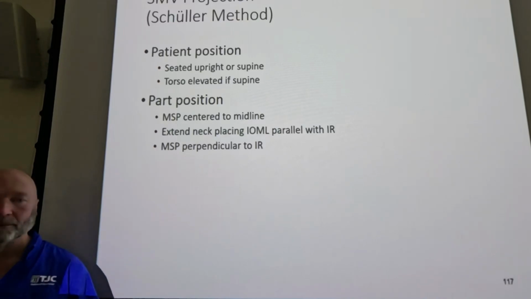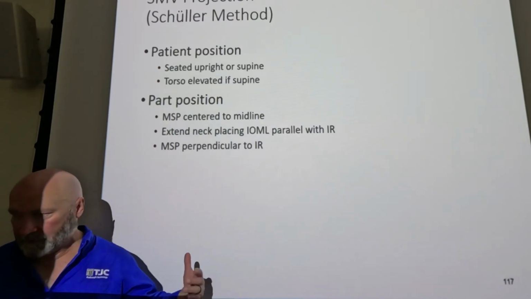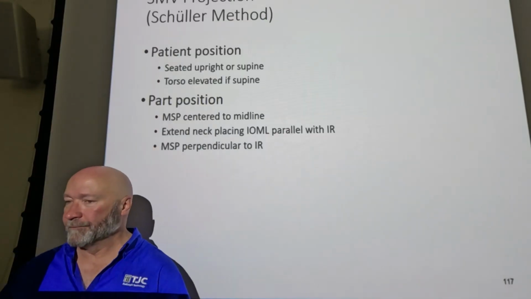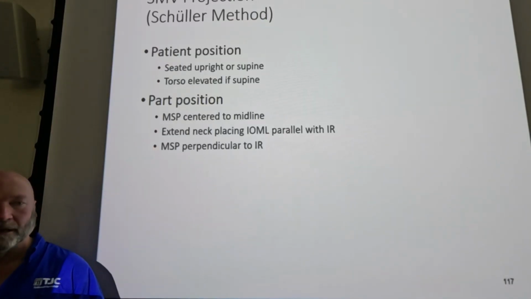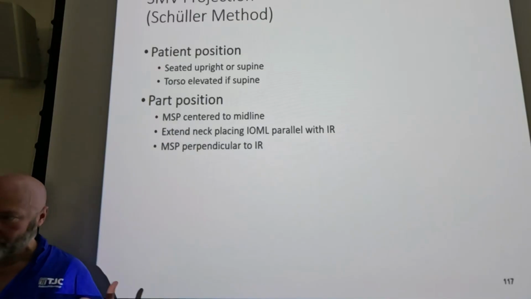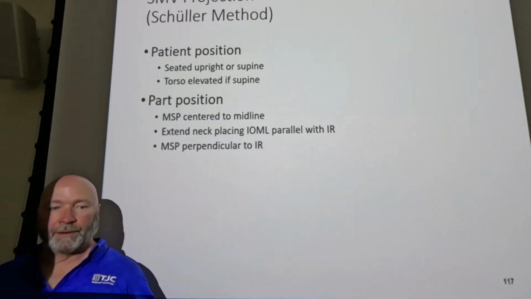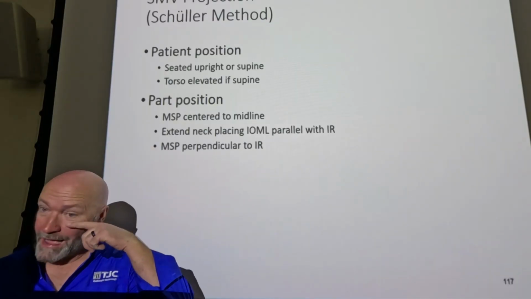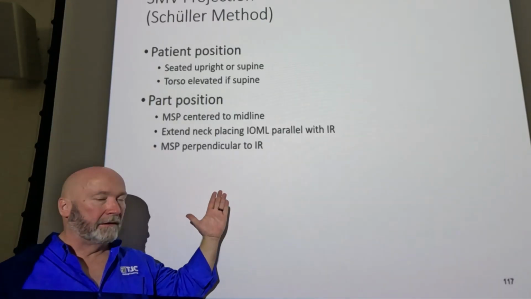All right. So in order to get your patients into that position, what you're going to have to do is build the patient up. If the patient can sit in a chair, then it becomes a whole lot easier. You can have the patient slouch back in the chair and extend their chin. The IOML needs to be parallel to the image receptor.